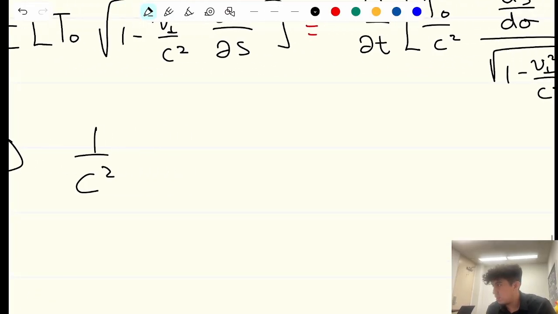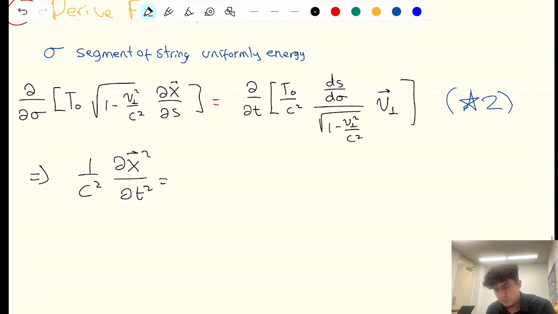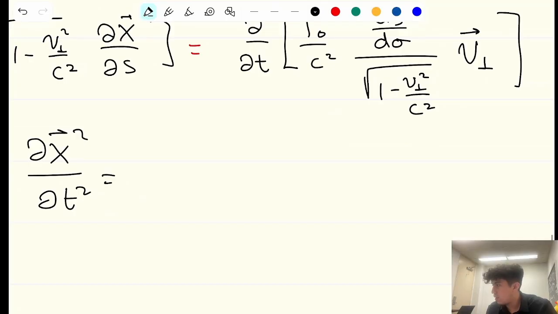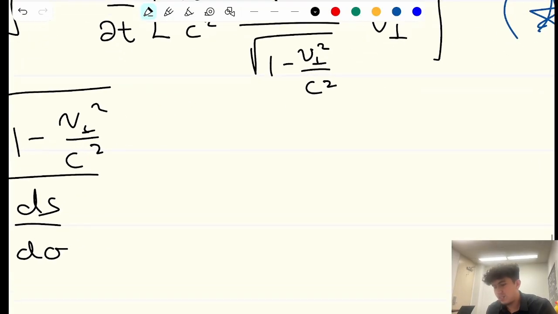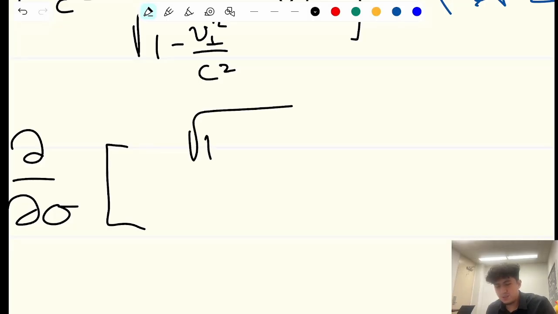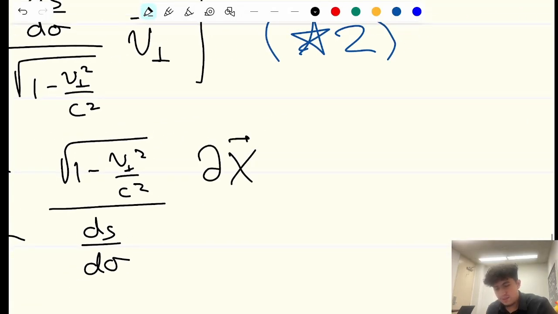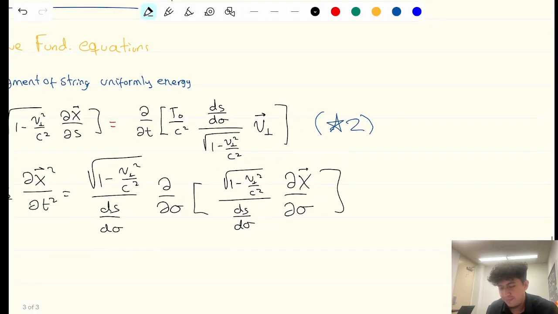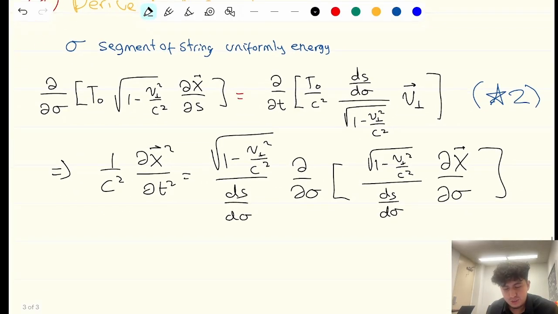We can do 1 over c squared, t squared, cool. There are many steps in this little simplification. Try to stare at it for a minute, and if you don't see what simplifications I made, then I'm going to try to explain. Cool. Okay. So this is the expression we get after doing some simplifications.